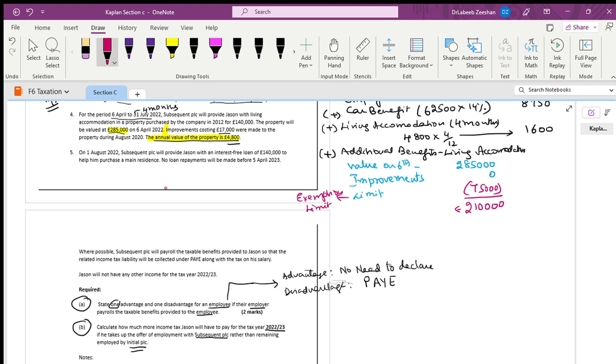We have to take 210 times 2% for 4 months. Very, very carefully. It's 1,400.